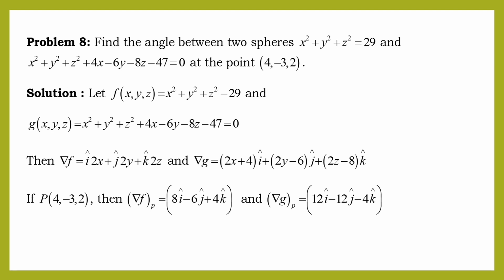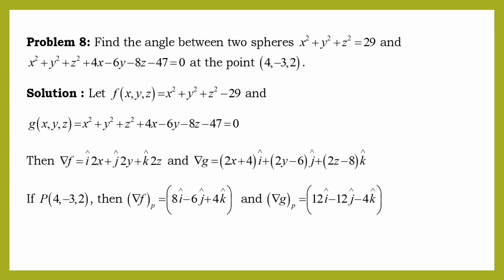Now let us find out del g. Del g equals i cap dou g by dou x plus j cap dou g by dou y plus k cap dou g by dou z. That equals 2x plus 4 into i cap plus j cap times 2y minus 6 plus k cap times 2z minus 8. This is the gradient of g.